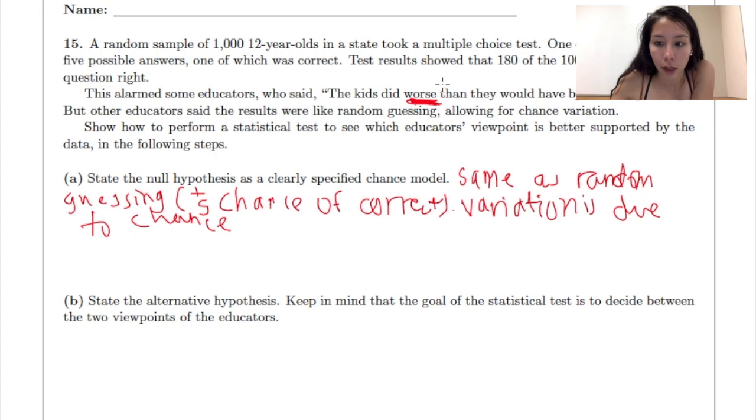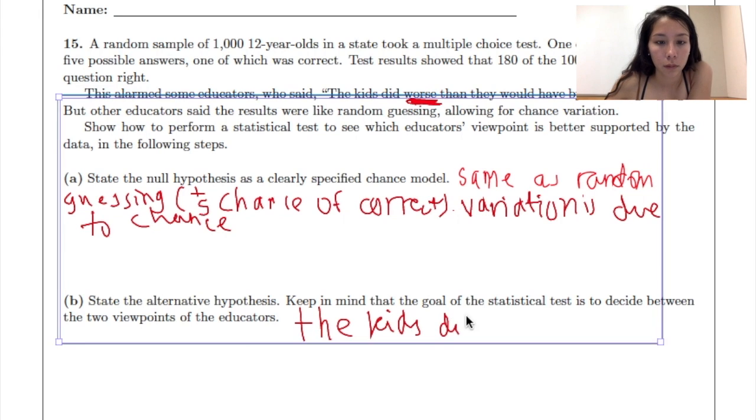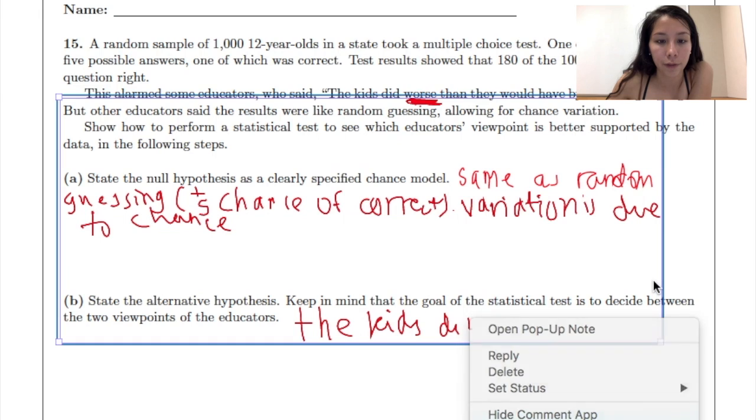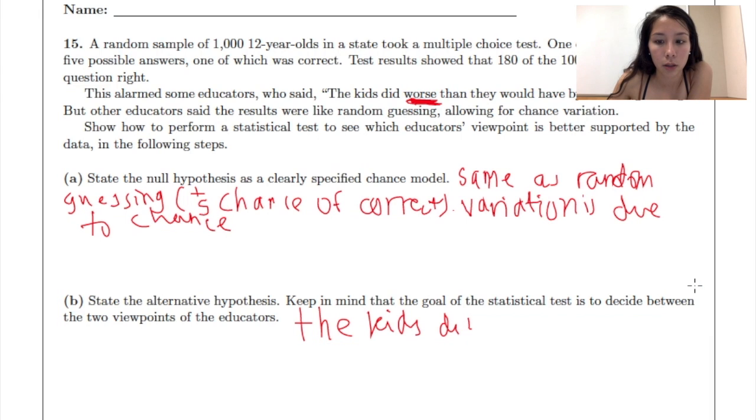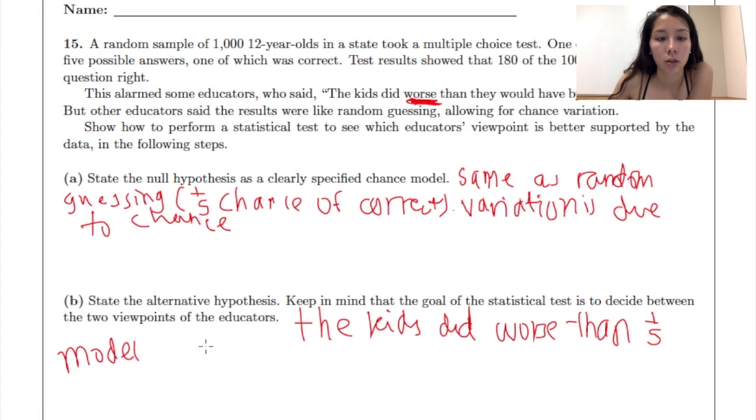So for the alternative hypothesis, we are going to be saying that the kids did worse than the 1/5 model. So they had a less than 1/5 chance of getting the answers right. Alright.